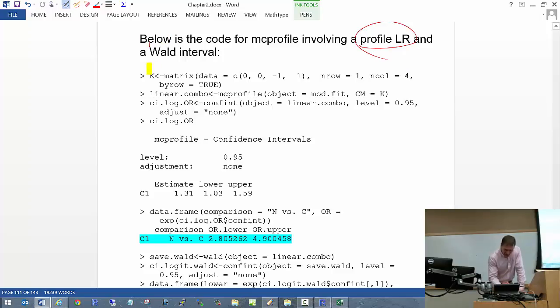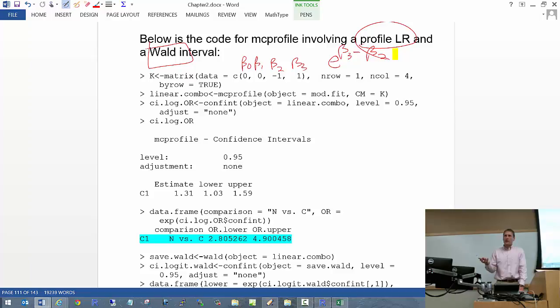I saw the Wald, and it's like, wait a second, I thought I was doing mostly profile likelihood ratios in these notes. Okay, so again, here's beta 0, beta 1, beta 2, beta 3, the coefficients on them and what we need. In this particular case, to find our confidence interval, we're going to find e to the beta 3 minus beta 2.